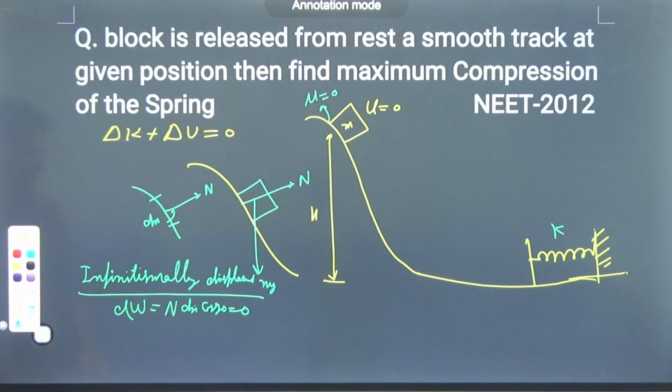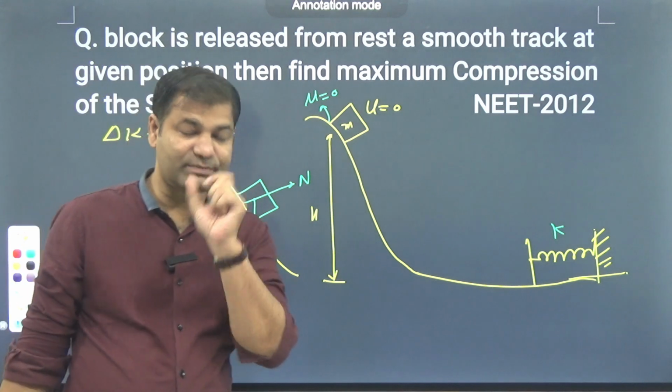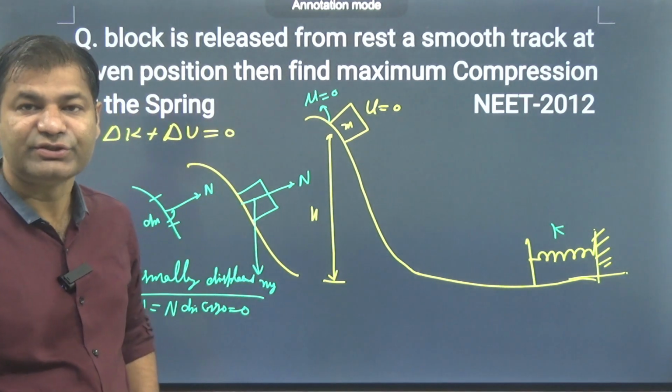So for an infinitesimal displacement, the work done due to the normal force is 0.